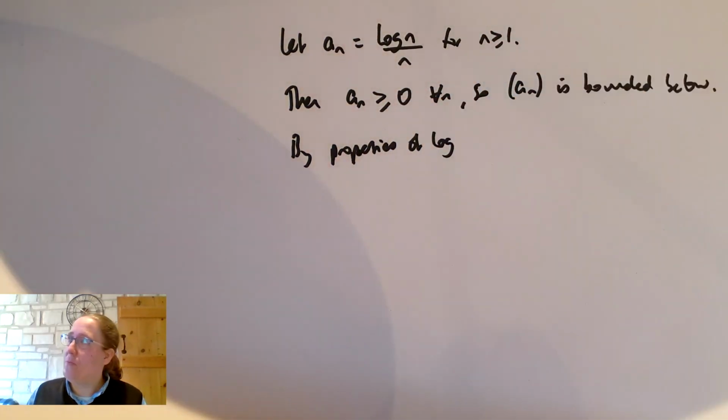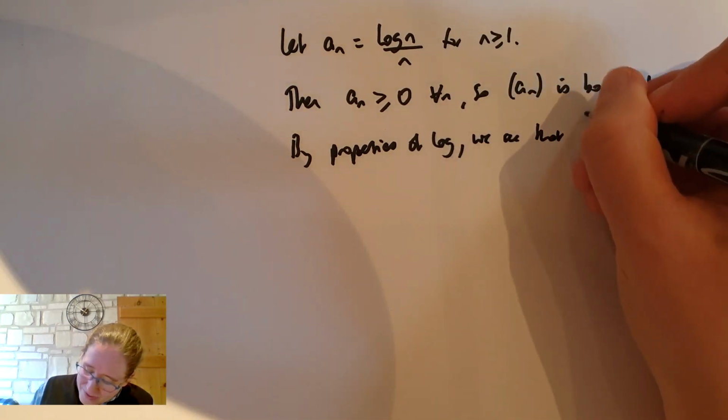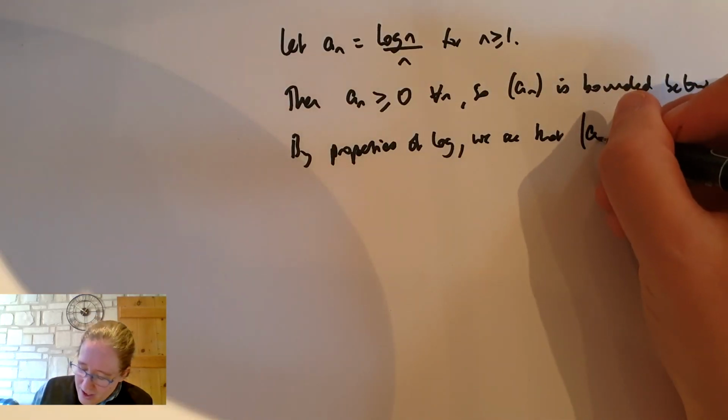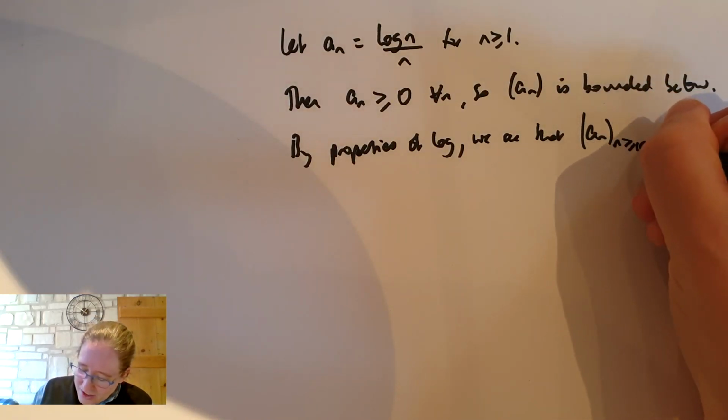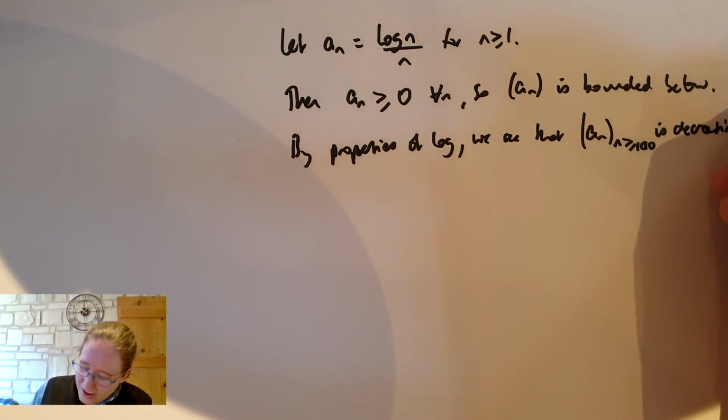And I can't really see an advantage in working through details of calculus on video now when officially we don't know what calculus is yet. So let's just call this properties of log, and we see that something silly maybe happens when n is 1 and 2. I reckon for n at least 100, it's decreasing. A tail of it is decreasing.